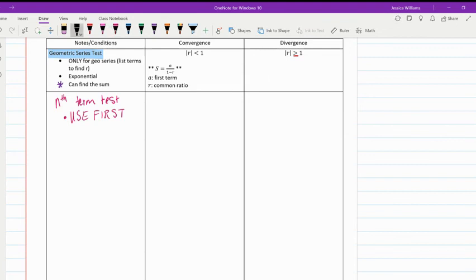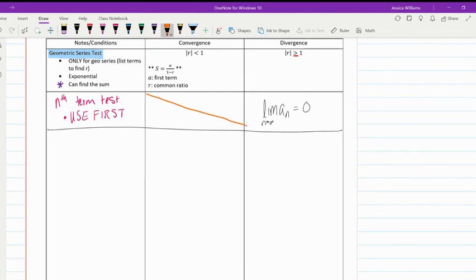Here's what we do. We take a limit of our terms as n goes to infinity and get not 0 for divergence. And we put nothing in the converge column because there is no such thing as an nth term test for convergence. If you do get 0, then you know nothing and you have to do a different test.